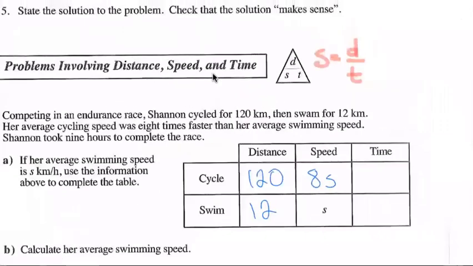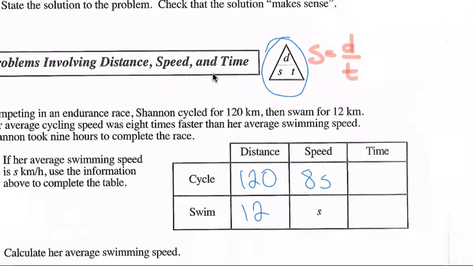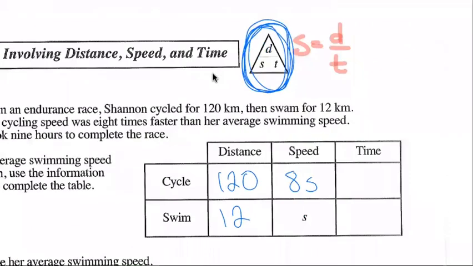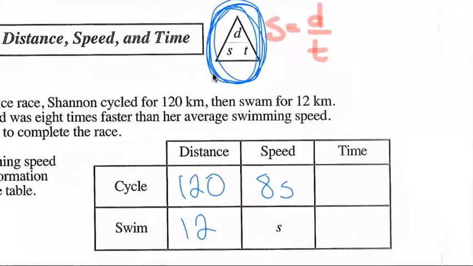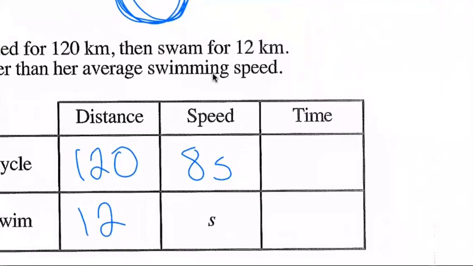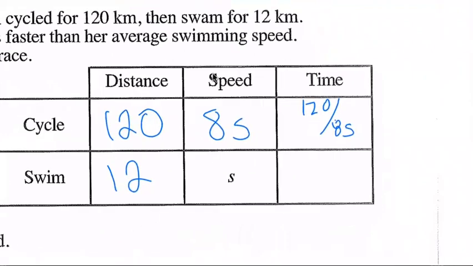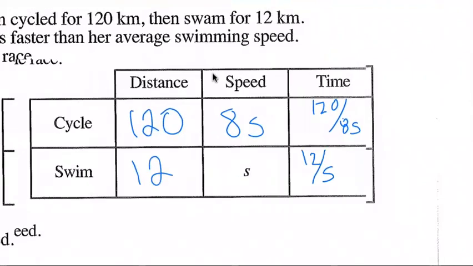Using my distance, speed, time formula, distance divided by speed is going to equal time. So 120 divided by 8s is the time it would take her to cycle, and 12 divided by s would be the time it took her to swim.